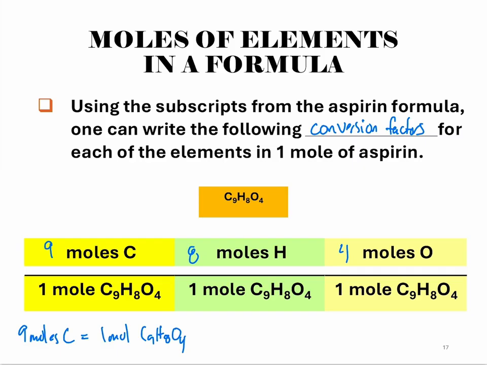What is the mass of aspirin I can make from that? This gives us this conversion factor, and it also gives us the inverse, which is 1 mole aspirin over 9 moles of carbon. Because you get 2 conversion factors for every conversion equality. How do you know which one to use, which direction you're going?